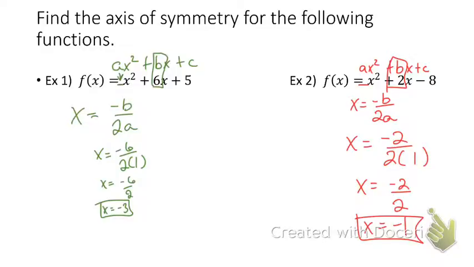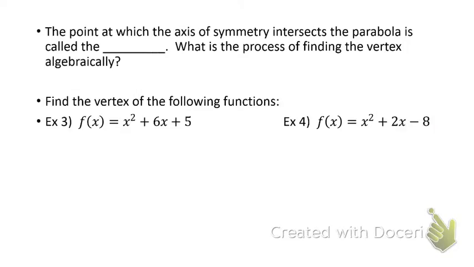Okay, so now that we have the axis of symmetry down, we're going to advance to our vertex. Now the vertex is very easy to find. The vertex is where the axis of symmetry actually intersects the parabola. This is always going to be our highest point or lowest point.